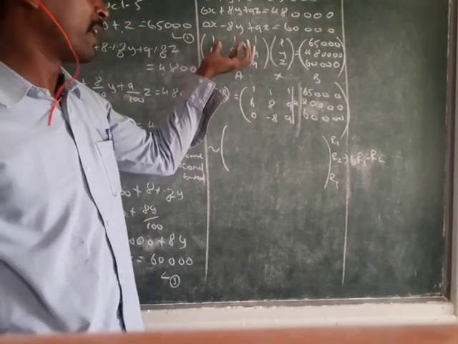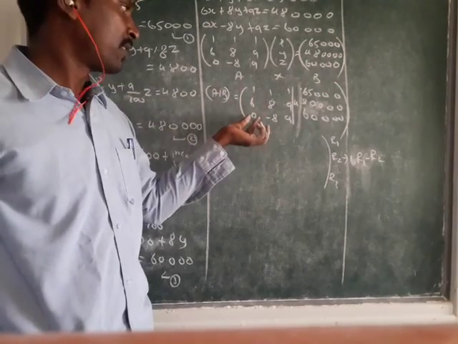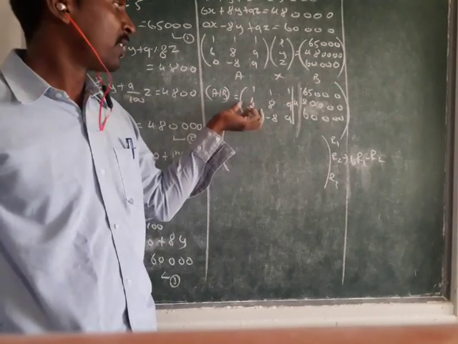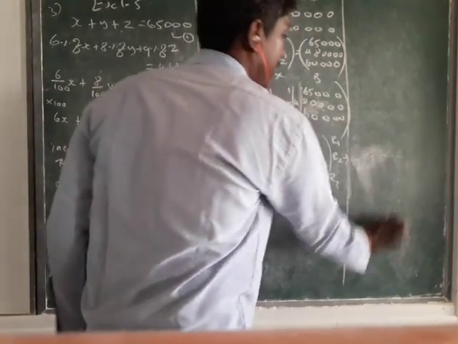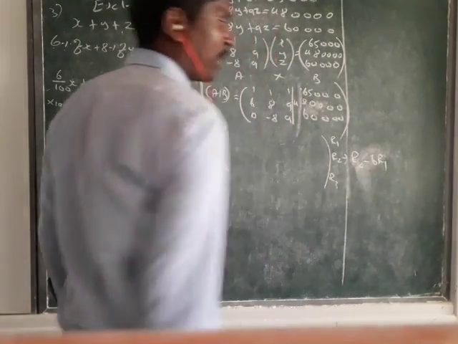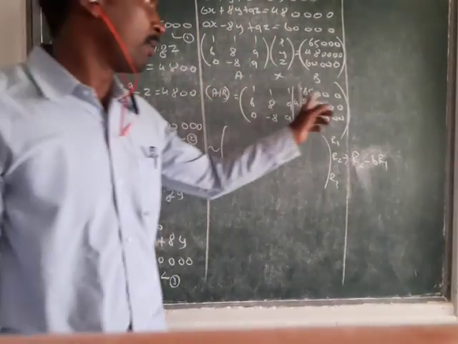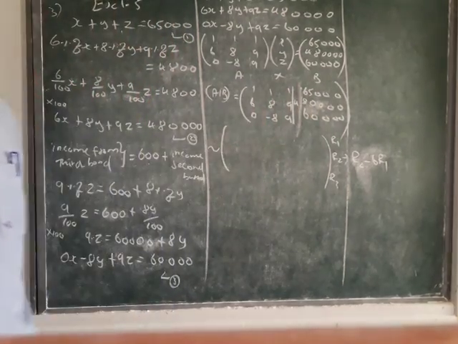Now we plan to bring the 6 term to 0. You know how to write the matrix form, combining A and B. R1 already has 1, R3 already has 0. The only thing is how to change R2. So write the condition: R2 minus 6 into R1. The entire R1 is multiplied by 6 and subtracted from R2, and you get 0 in the second row.